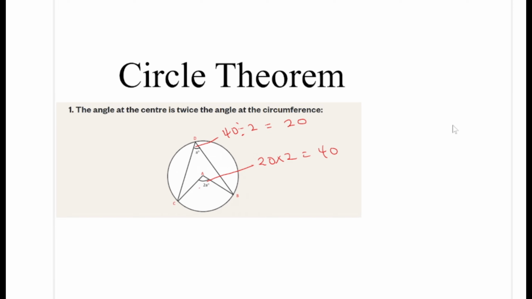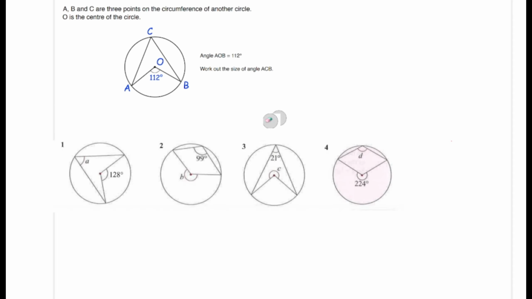Let's solve some questions that involve circle theorems and see how we can apply this first theorem to different questions. So here are some questions. The first one says A, B, and C are 3 points on the circumference of a circle. O is the center of the circle. You can see the center O, and this is angle ACB.